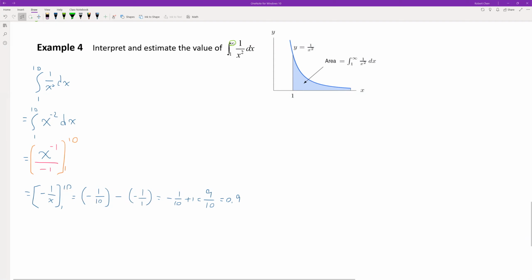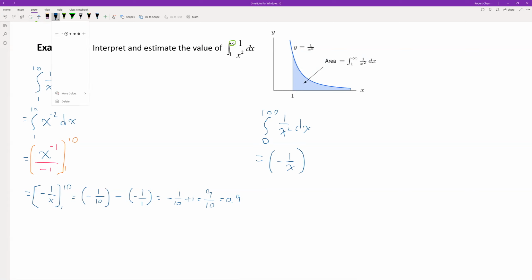And let's see what happens when we integrate from 1 to 100. Now, we actually did the integration part already. We know it's negative 1 over x, but now we're going to go from 1 to 100.